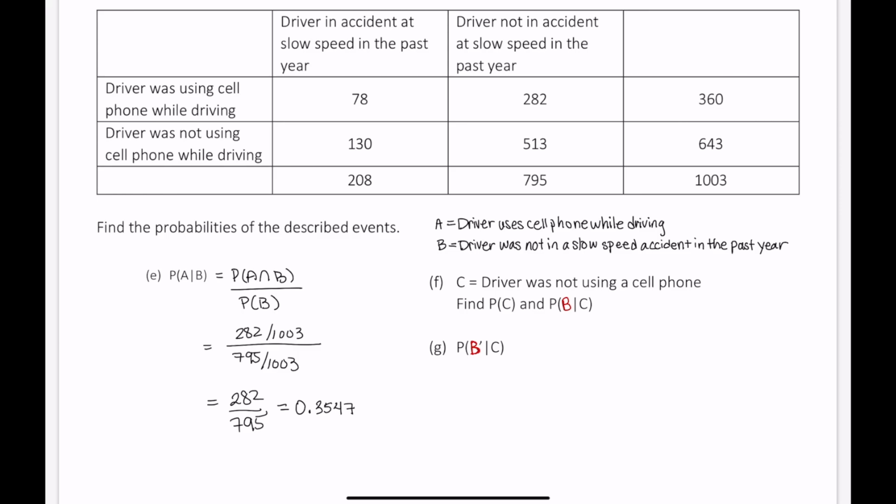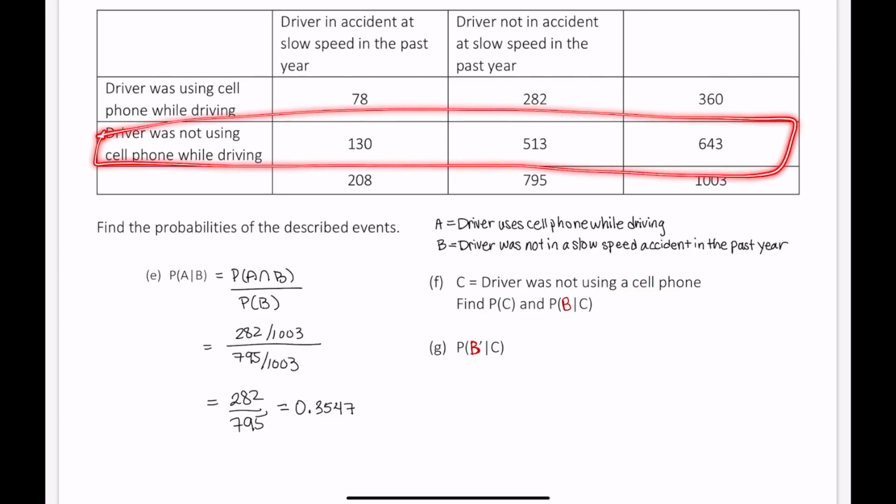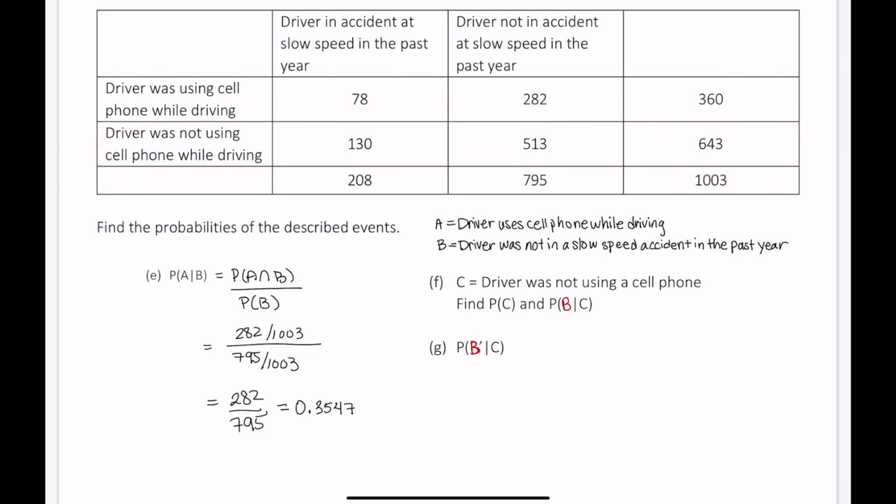So we want the probability of C, that is, a driver was not using a cell phone. And once we've selected a driver not using a cell phone, what is the probability that they were not in a slow speed accident? And for this conditional probability, we're going to use the intuitive approach rather than the formulaic approach we used here.